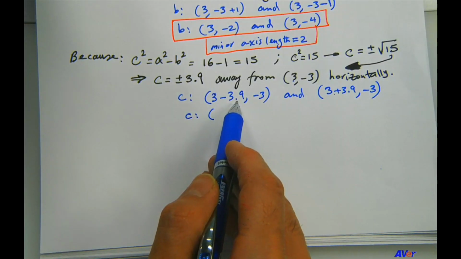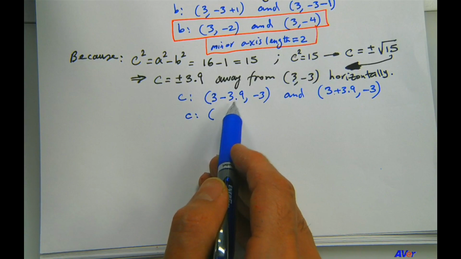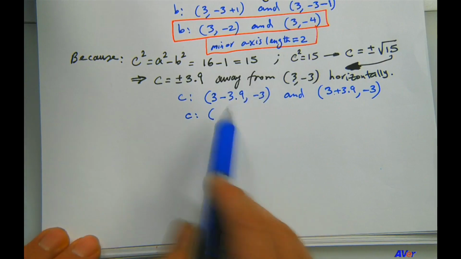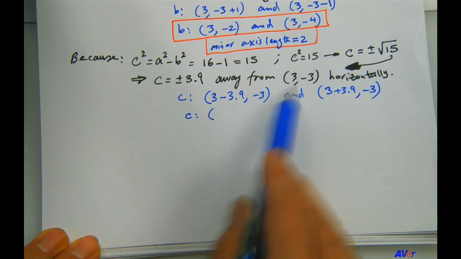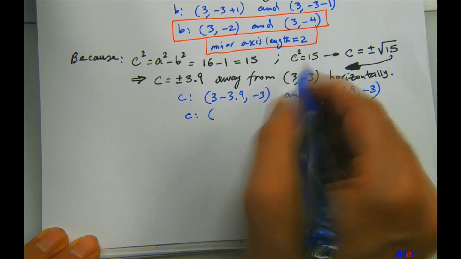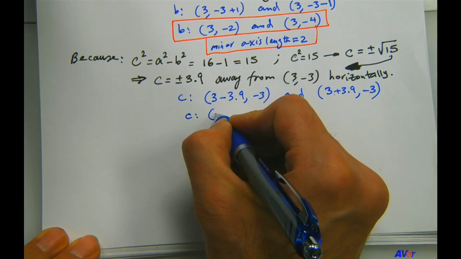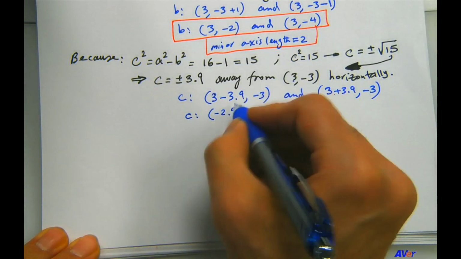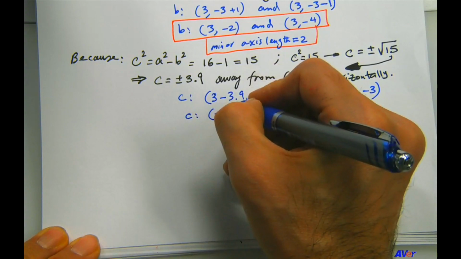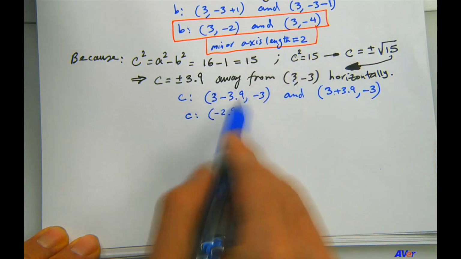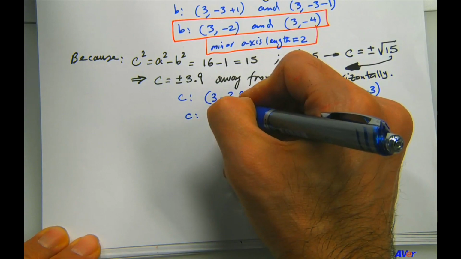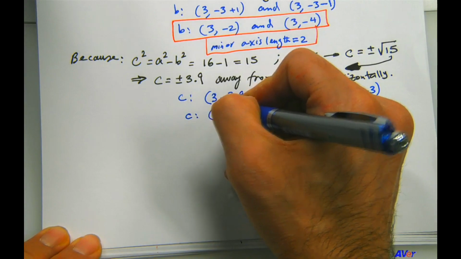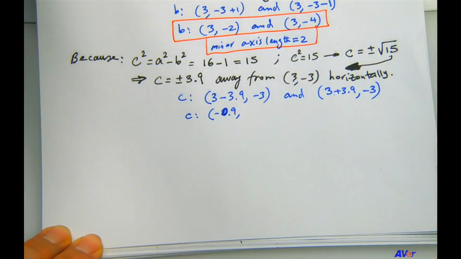So we have minus 3.9, so this would be at minus 0.9 here. Yes, that should be okay.